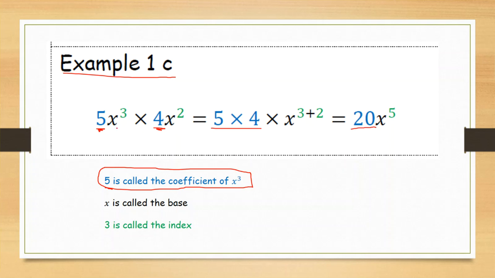And then we do the indice parts. So we add the indices here, add the top numbers. 3 and 2 is 5, so we get 20 x5. This means 20 times x5, but when we simplify it, we don't include the times.